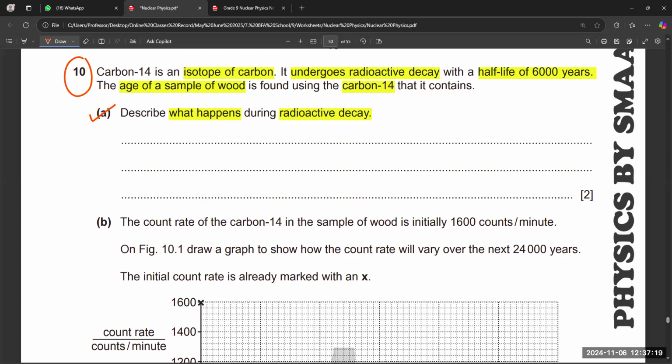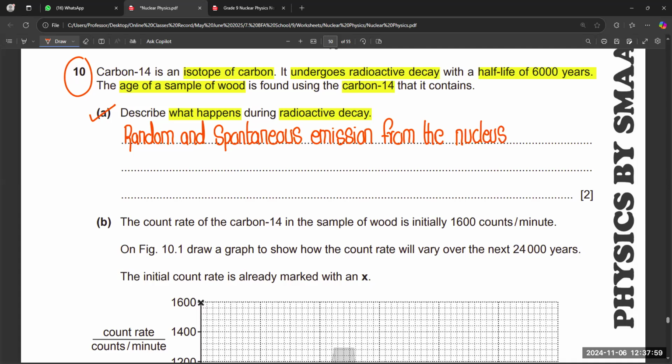So in the answer we can say: random and spontaneous emission from the nucleus of an alpha, beta, or gamma radiation.